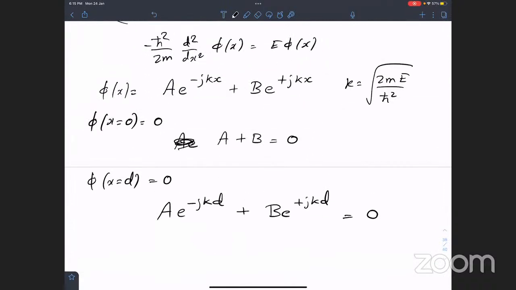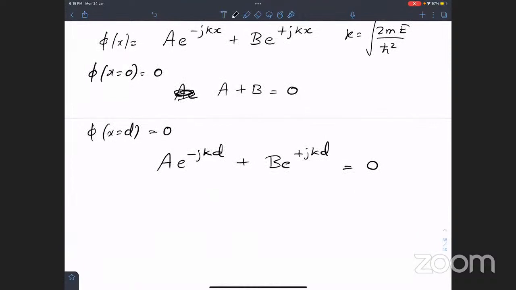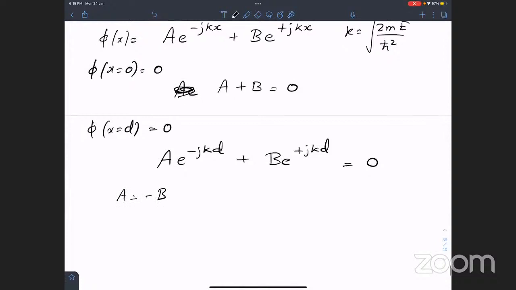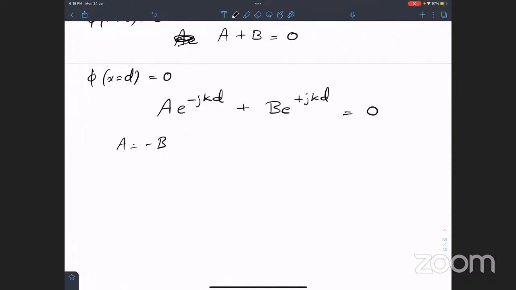We have 2 unknowns. Great. So let's try to solve this. This means a is equal to minus b. So e to the power minus jkd minus e to the power plus jkd must be 0.